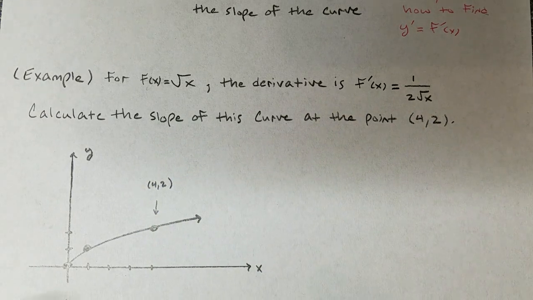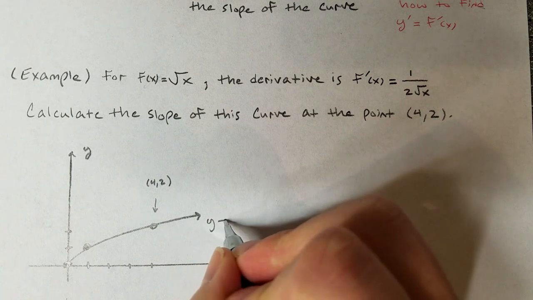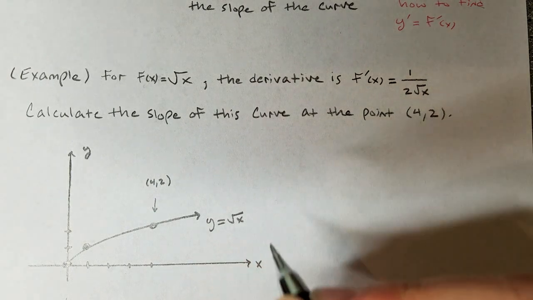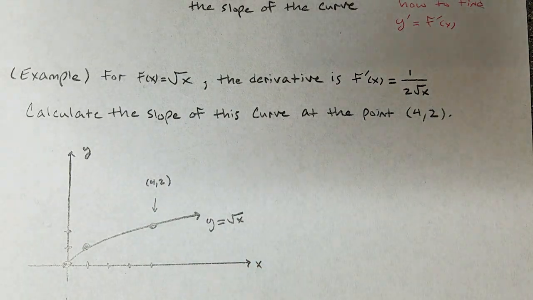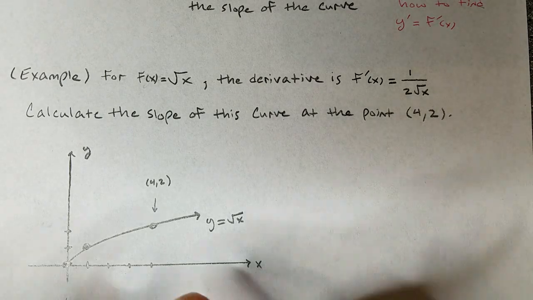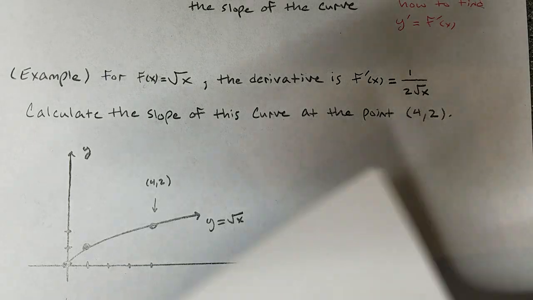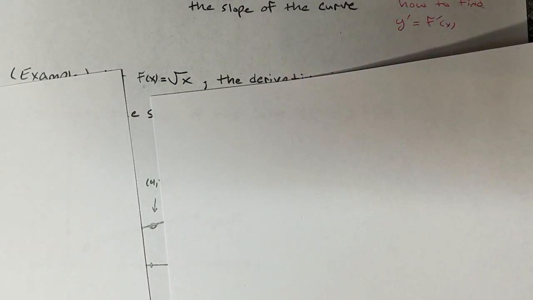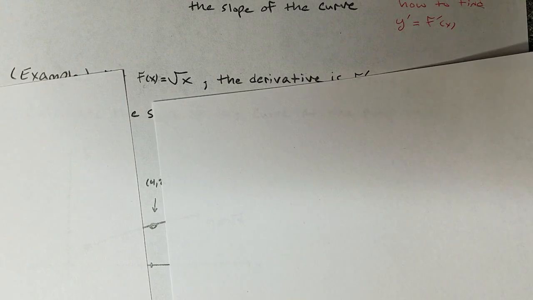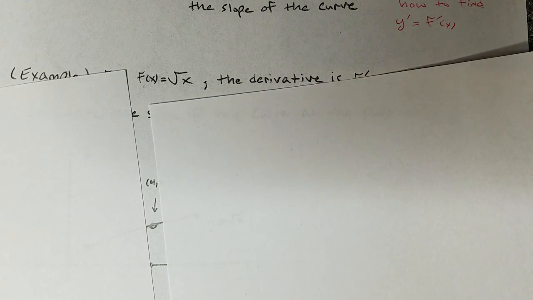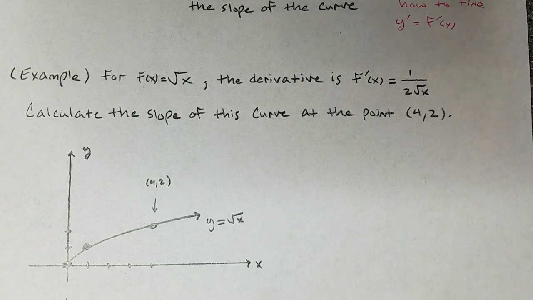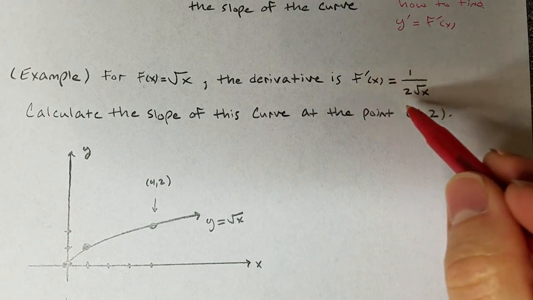I happen to have drawn it here, just in case pictures help you understand it better. There's the picture. So what is the slope at that point right there? If I could zoom in so close to this thing, I see that little straight segment right there. How steep is that? Well, that's what f prime tells us.